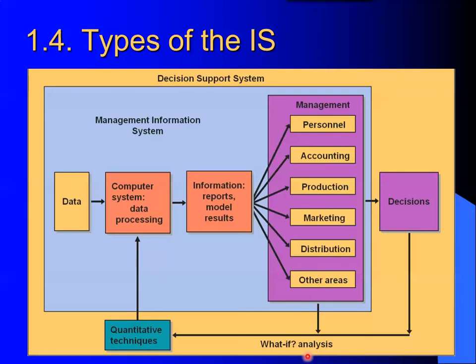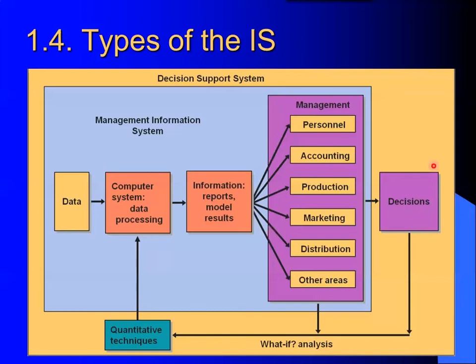The key point is that the decision is made by a human, by the manager, who obtains from the system only available information in the form of reports, charts, or other integrated representation. But the final decision is made only by the human, by the manager.